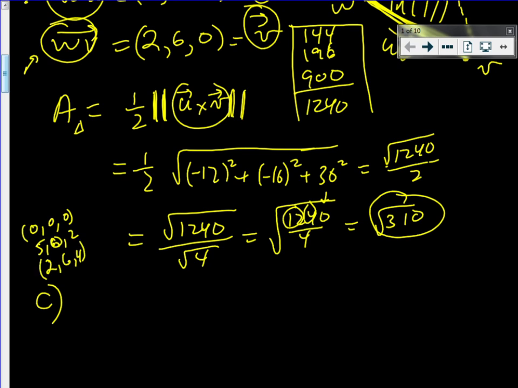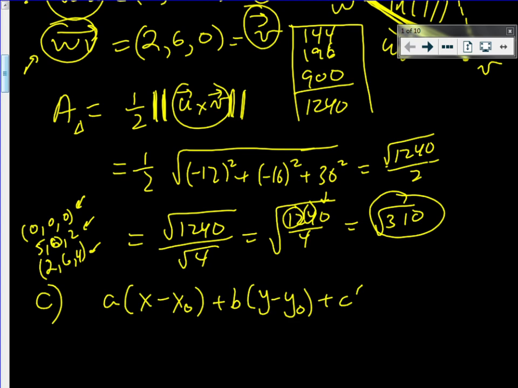One way of doing it is a times x minus x0, plus b times y minus y0, plus c times z minus z0 equals 0, where you pick one of those points. You could plug in 5, 0, 2, the second point.